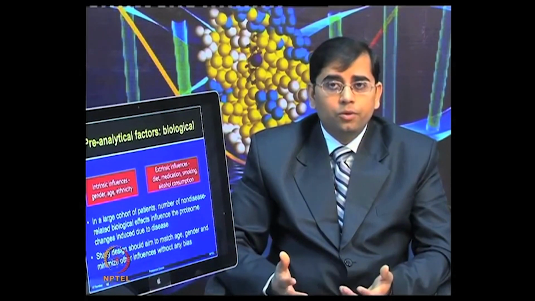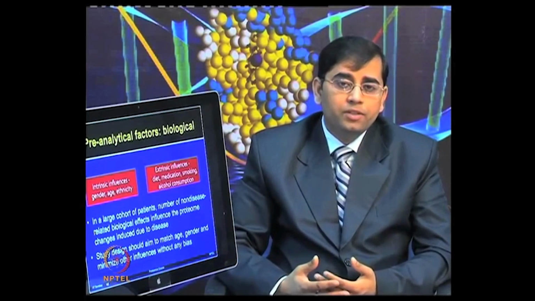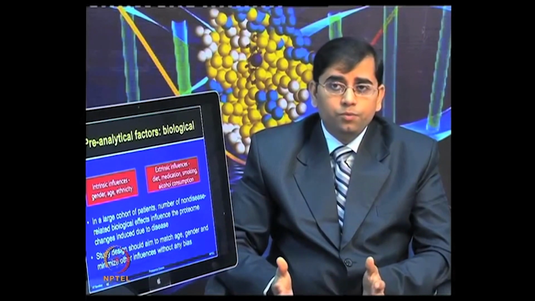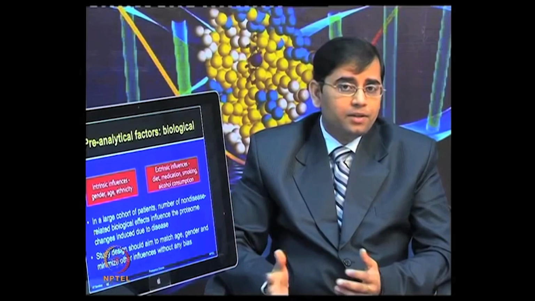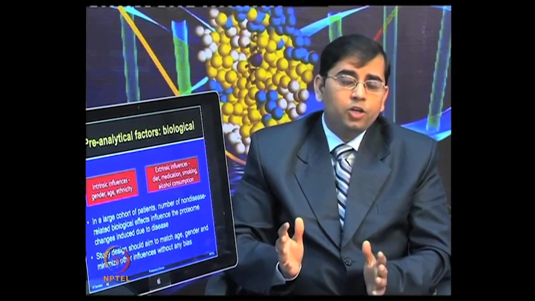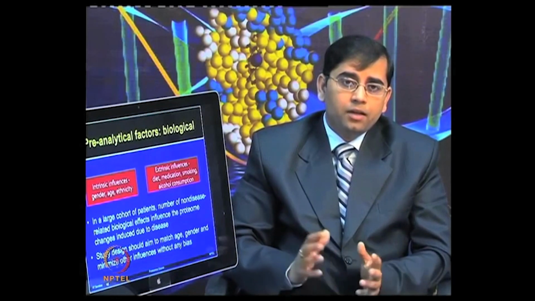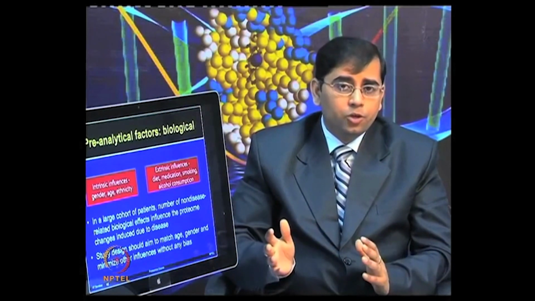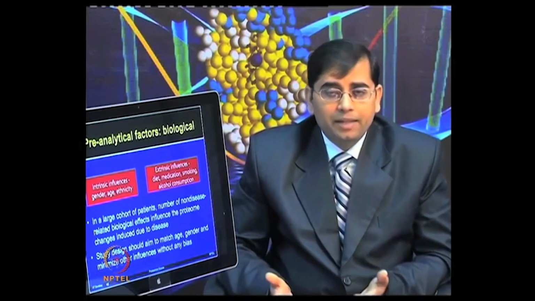You should try to segregate your population by different age and gender. In the discovery phase, try to minimize these types of variations and try to perform your analysis with a narrow range of age groups and different gender groups in the same ethnicity.